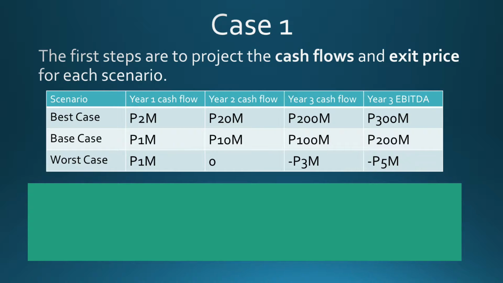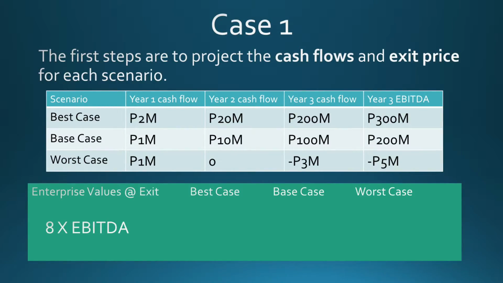Base case, years 1, 2, and 3: 1 million, 10 million, and 100 million. Year 3 EBITDA is expected to be 200 million. Worst case, years 1, 2, 3 cash flows: 1 million, 0, and negative 3 million, and the year 3 EBITDA is projected to be negative 5 million.